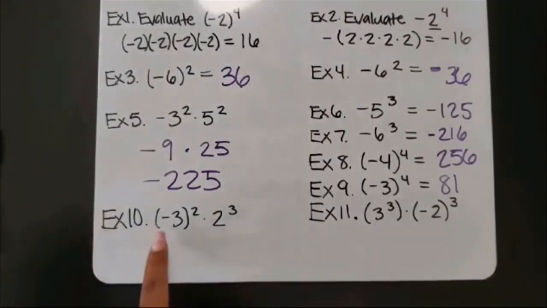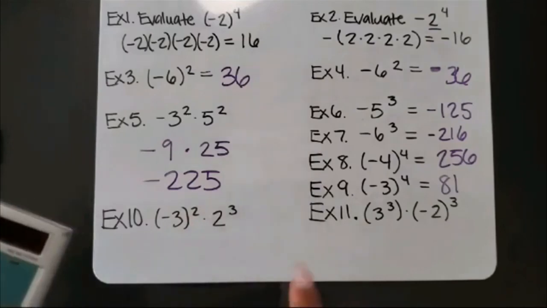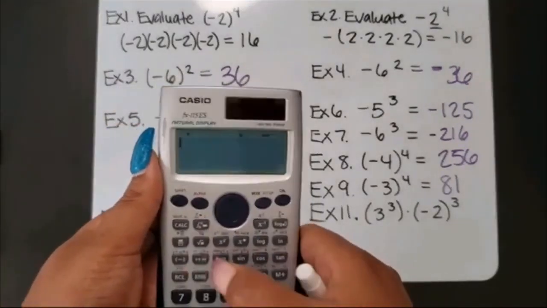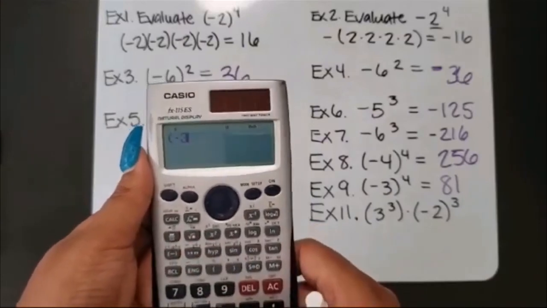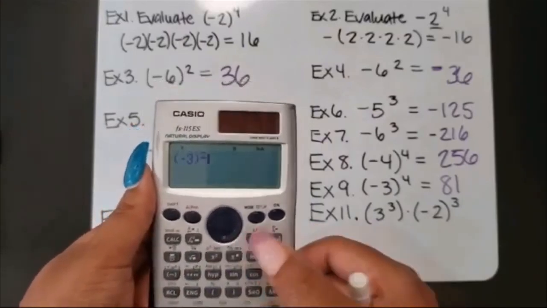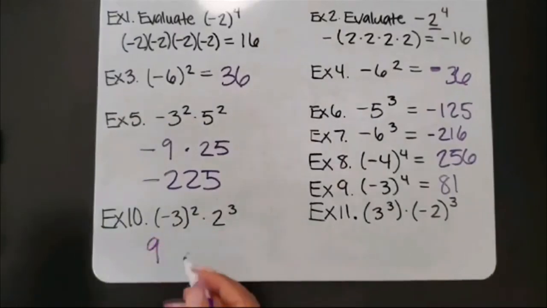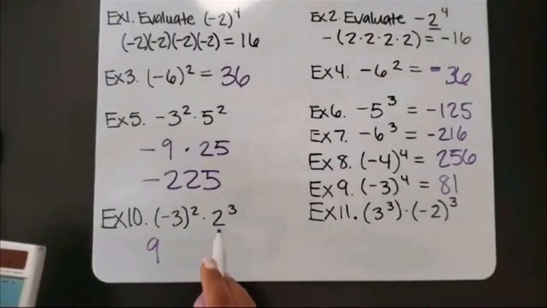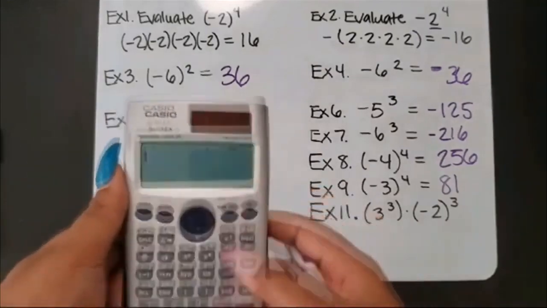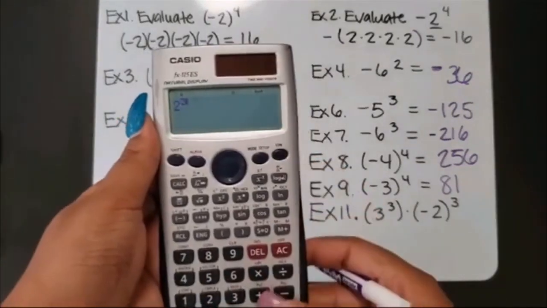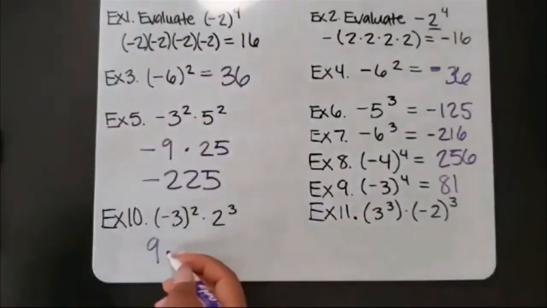So first we're going to look at the negative 3 squared, okay? So I'm going to put that in, and I'm going to use my parentheses. So that's 9, okay? And 2 cubed, you can put that in your calculator if you already know what it is. That's awesome. It's 8.